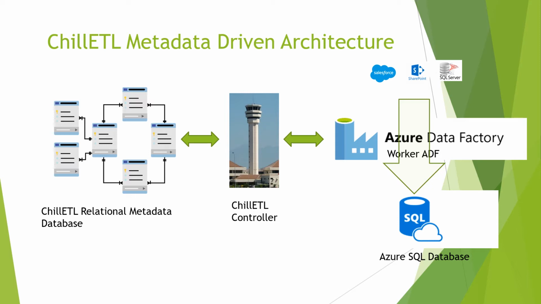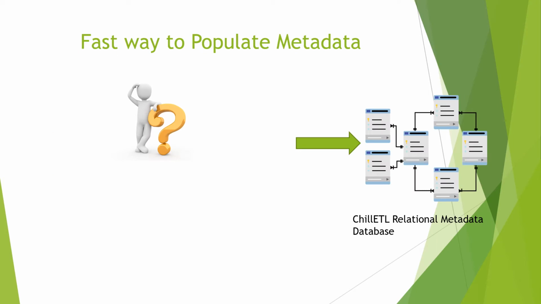So part of the process for using ChillETL, a good deal of the time, is spent updating this metadata database. When we designed the product, we said we want to come up with a fast way to populate the metadata database, knowing that a lot of ETL projects involve a lot of redundancy, where maybe I'm importing 50 different tables and I've got to put that list of 50 tables somewhere.